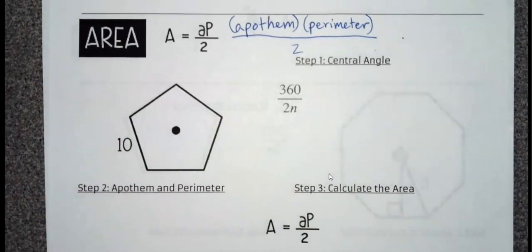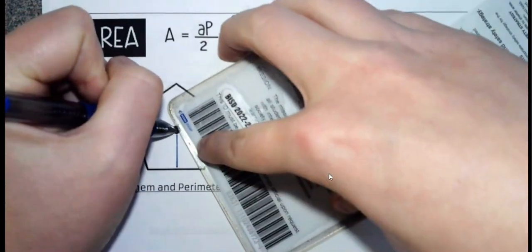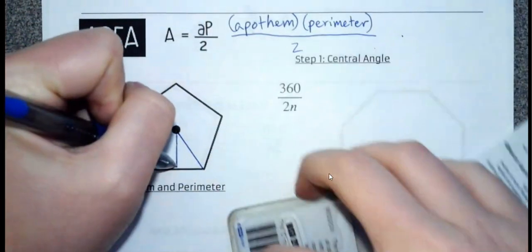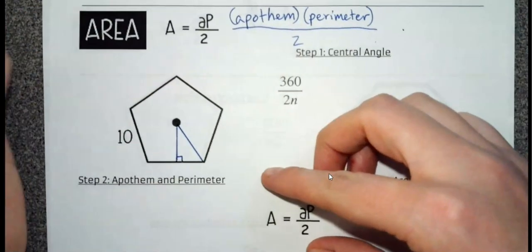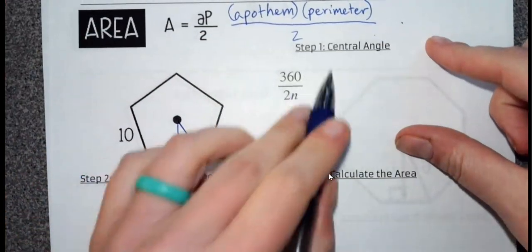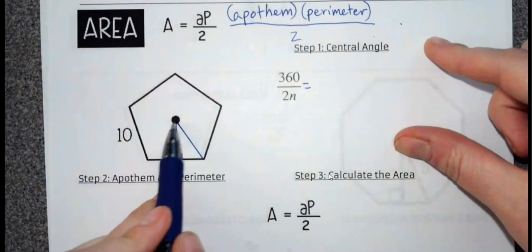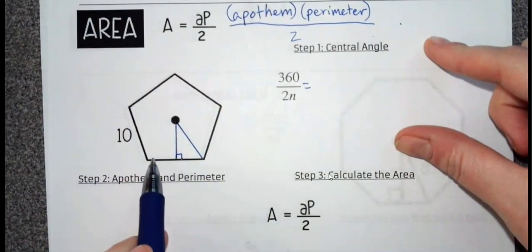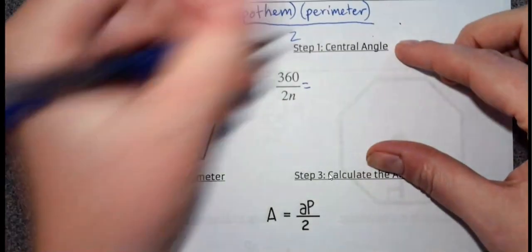So what we need to do first is draw in our apothem, and then we're actually going to draw the radius in as well and create a right triangle. This is the radius that connects the center to the edge. Then we're going to find the central angle, which this technically is only half of the central angle, because the central angle is technically the entire triangle, but we're just going to call it the central angle because it's the angle of this triangle that we've drawn.